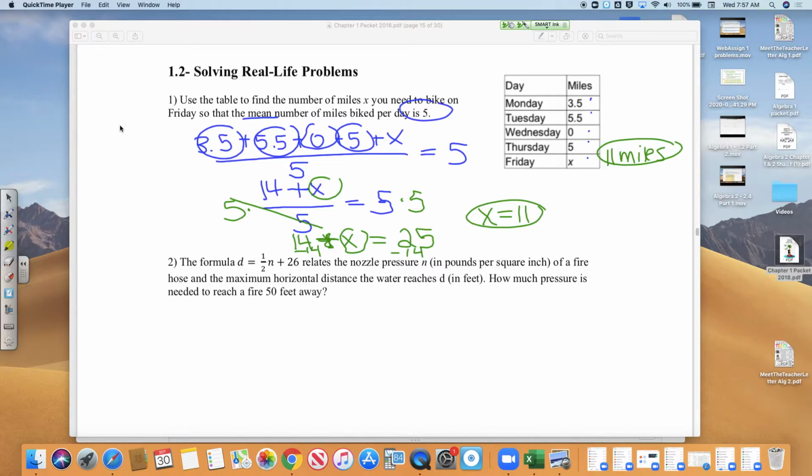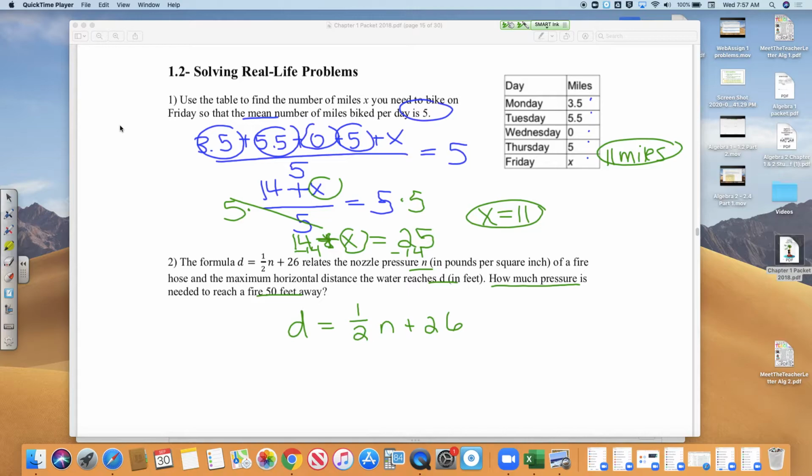So let me rewrite this equation we have here. D equals 1/2 N plus 26. And remember, N represents the pressure, and D represents the distance. We want to know how much pressure we would need to reach a fire that is a 50-foot distance away.